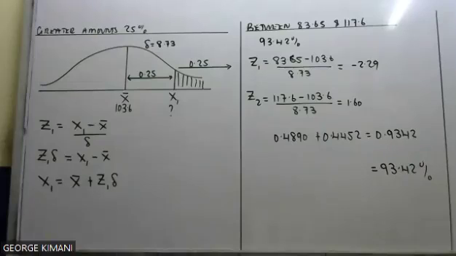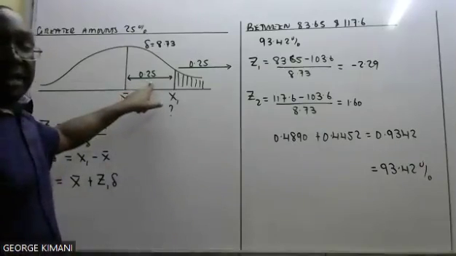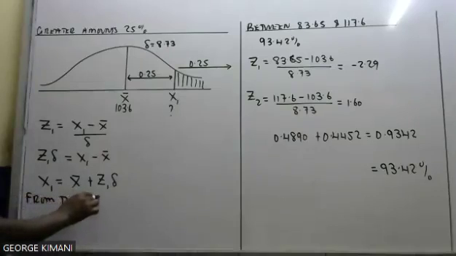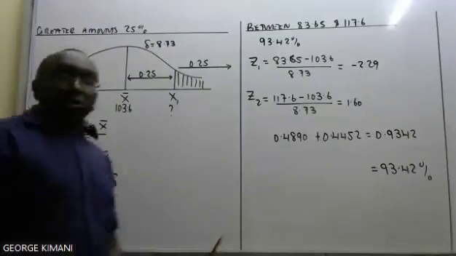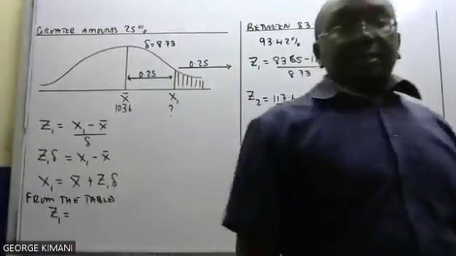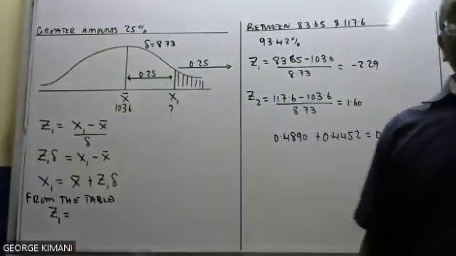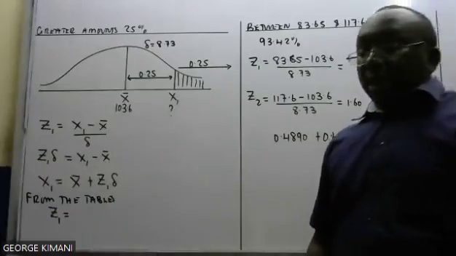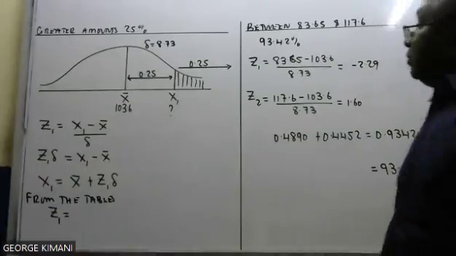So if we are okay, now we know this is the probability. From the tables, you need to tell us Z1. Now, you have seen in our workings, we were having some positive values and others negative.